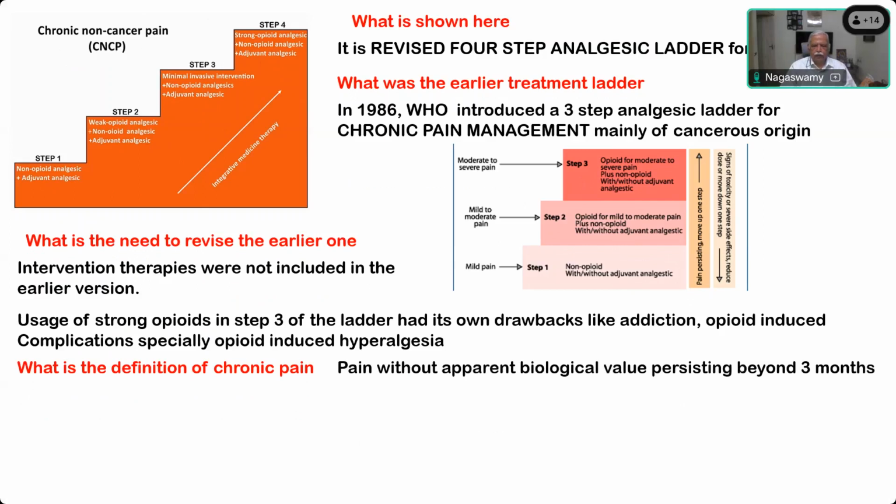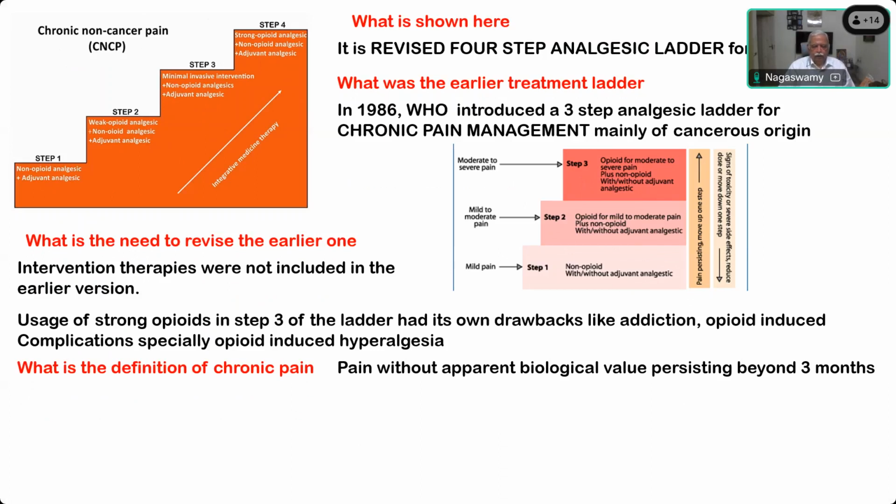Pain without apparent biological value, because pain, as all of you know, is a protective phenomenon. When you get traumatized or suffer an injury, the pain only tells you that there is tissue damage, and it should be reasonably alleviated within a particular time.